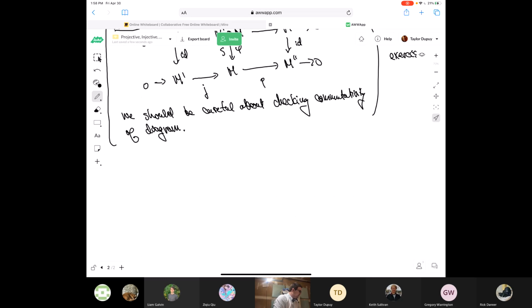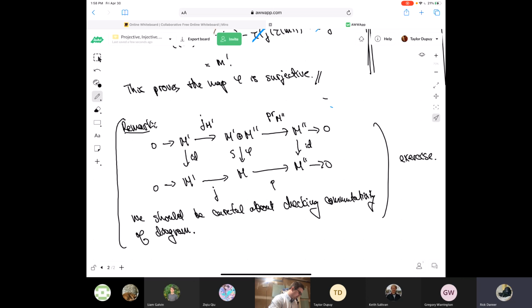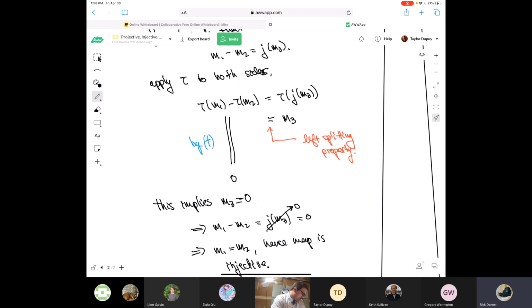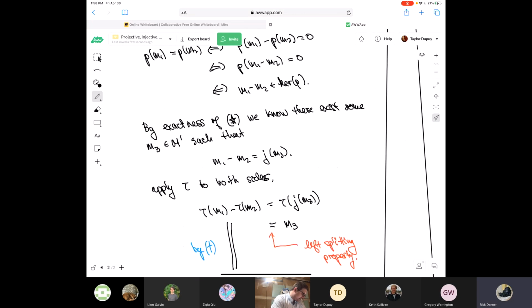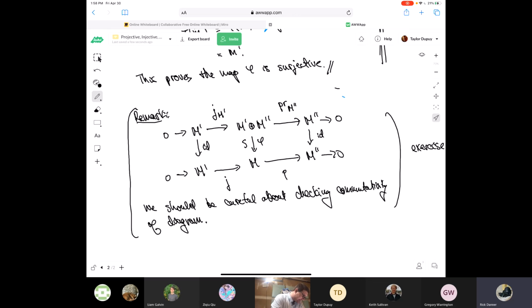Okay, so what was S actually? Can I ask that? What was the S again, from M prime to M? I think you defined it in the middle map. Can you ask your question again? What was the S in that diagram? The very last diagram, you had an S going down. This thing here. That's an isomorphism sign. Oh, the S. Oh, okay.